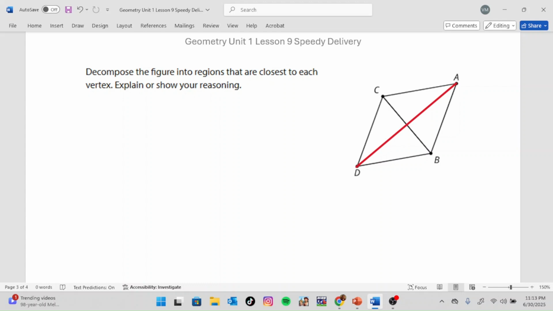Now, the next thing I need to know is when things are closer to C or A. So I'm going to draw a perpendicular bisector here.